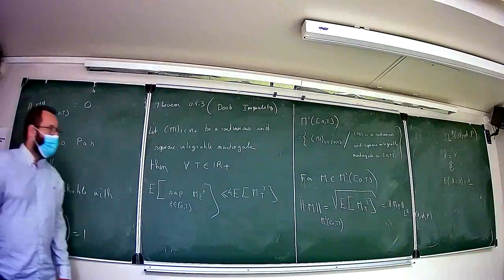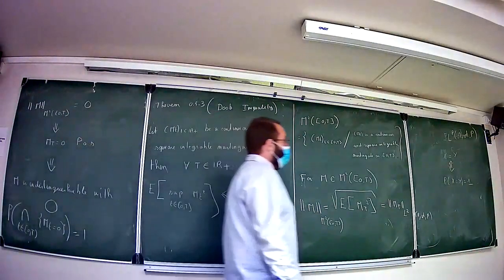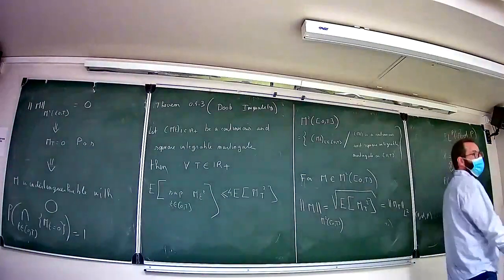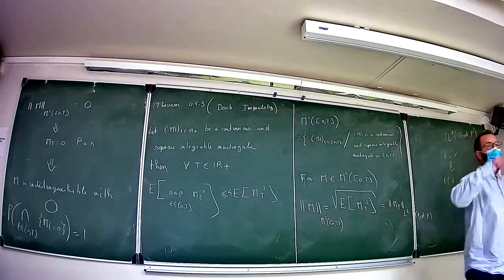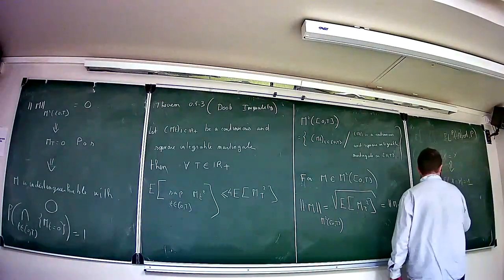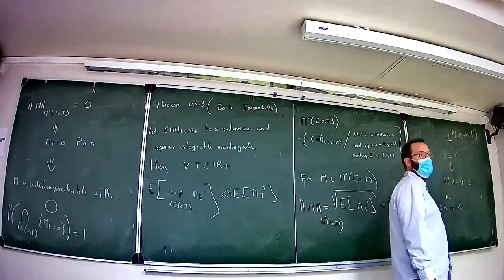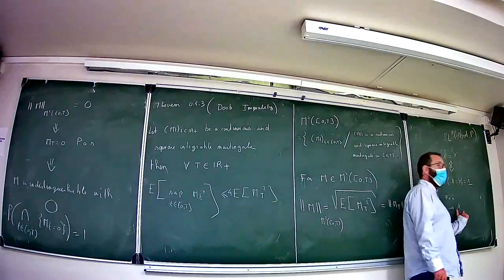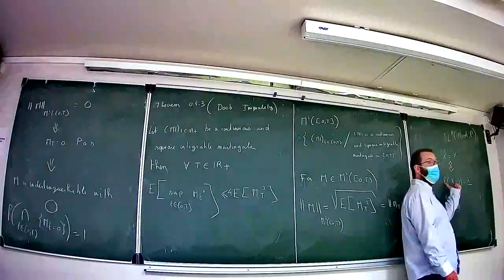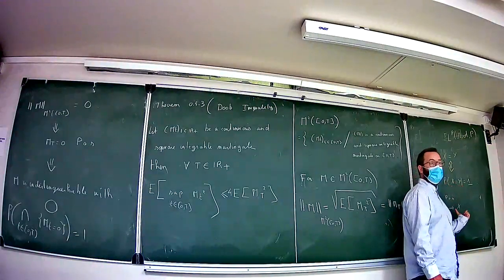The problem is that if you take, let's say, the almost sure convergence here, if X_n converges toward X P almost surely, if you replace X by Y, it works.